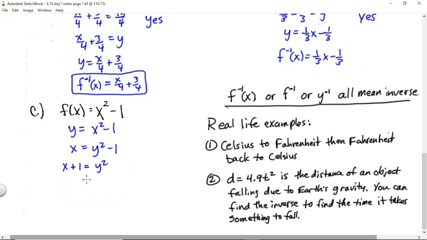And so that gives us the square root of x plus 1 equals y. And we'll usually turn that around. And when I turn it around, I'm also going to replace y with this notation, f to the minus 1.